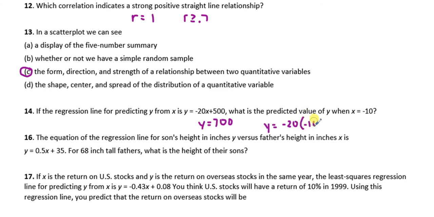So that's positive 200 plus 500, 700. Same thing on this one, 0.5 times 68 plus 35. And 0.5 times 68 is 34 plus 35 is equal to 69.